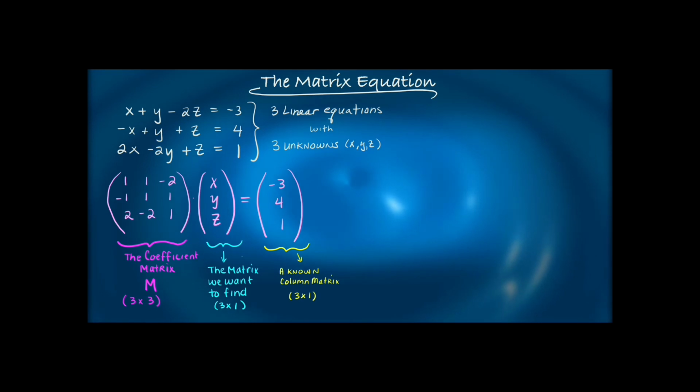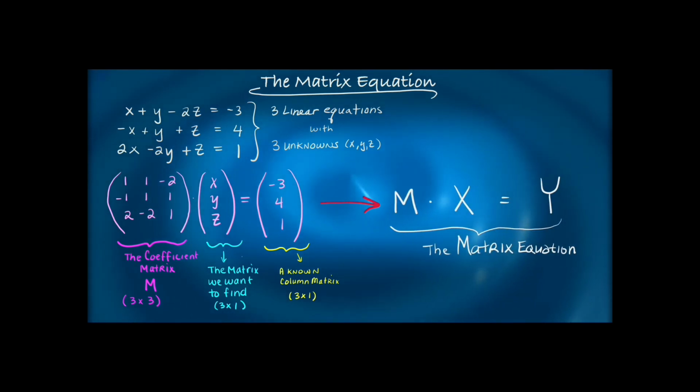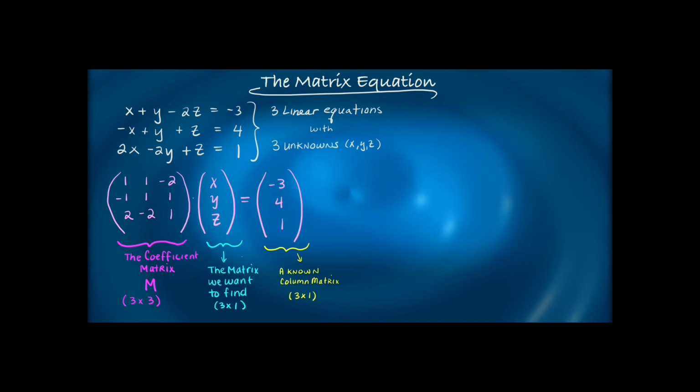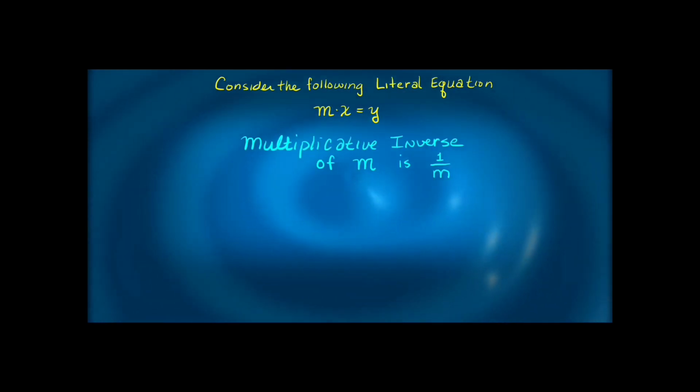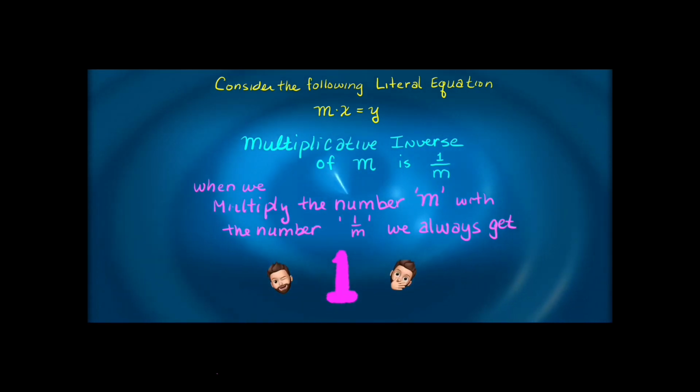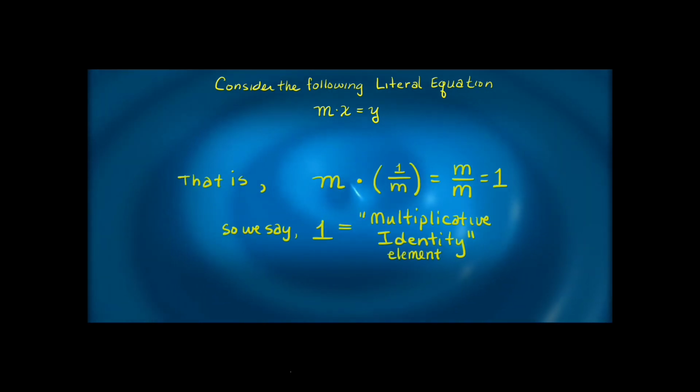Okay, let's solve a 3x3 system of equations with three unknowns using a matrix equation. When we solve an equation, we typically do so through some algebraic rules, using here the multiplicative inverse. When we multiply a number with its inverse, we get 1.